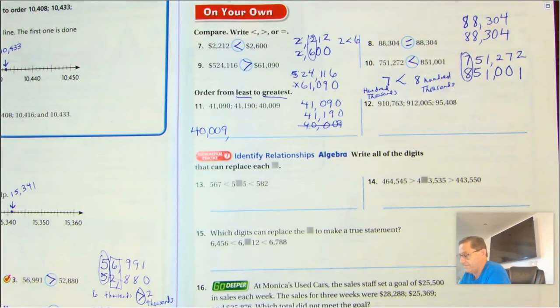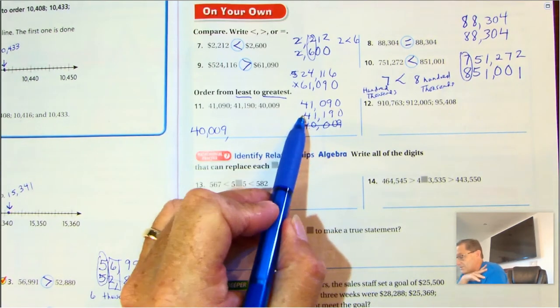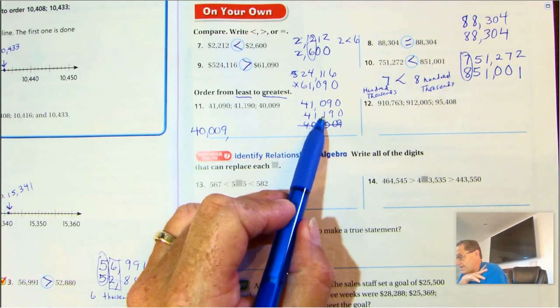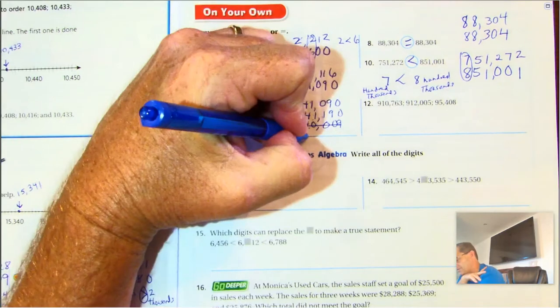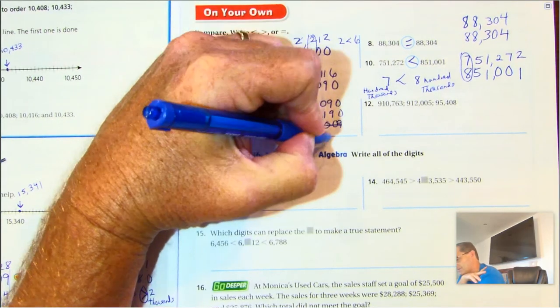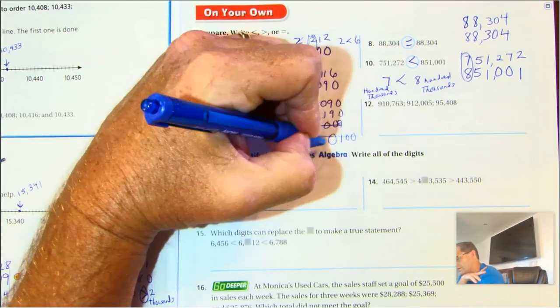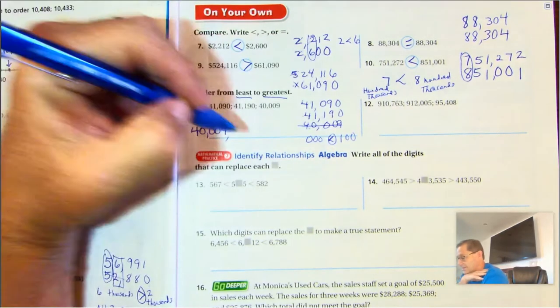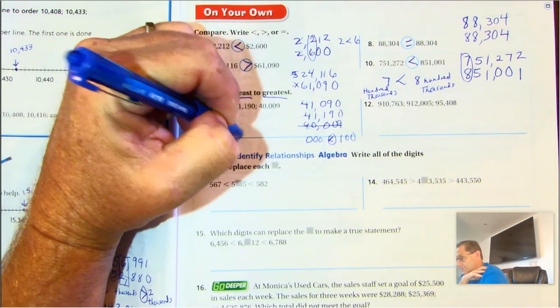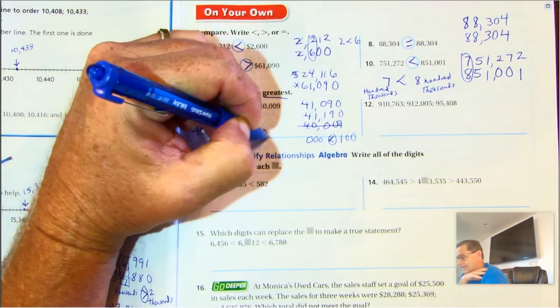Now my job is to find the next larger number. And when 10,000s are the same, 1,000s are the same, and then we have 0 hundreds compared to 100. And 0 hundreds is less. So 41,090 is second.